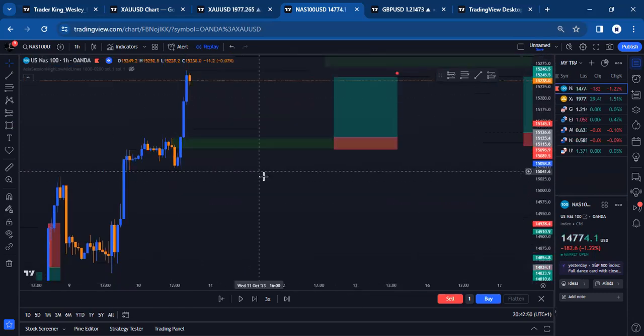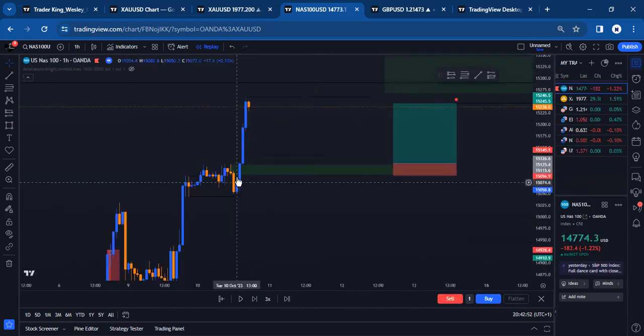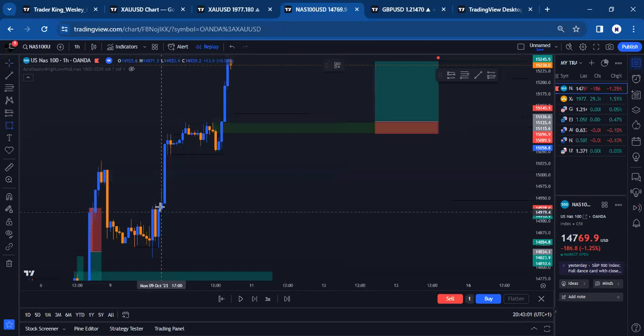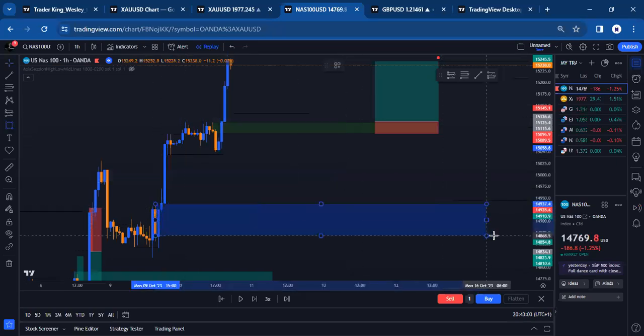Now, price broke above this. Look at the huge momentum. This is a 1 hour time frame. Look at the crazy displacement, the crazy volatility. Now, you wouldn't want to expect price to come and mitigate this other block down here.